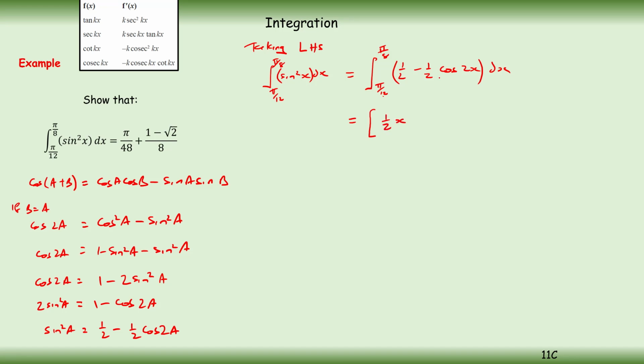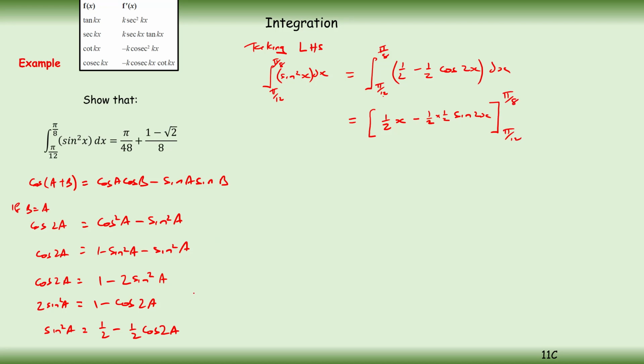If I integrate a half of cos 2x, then I get minus a half, because instead of 2x I need to half my differential, if you remember from last lesson, times the half that already exists there. This is a half sine 2x from pi by 12 to pi by 8.